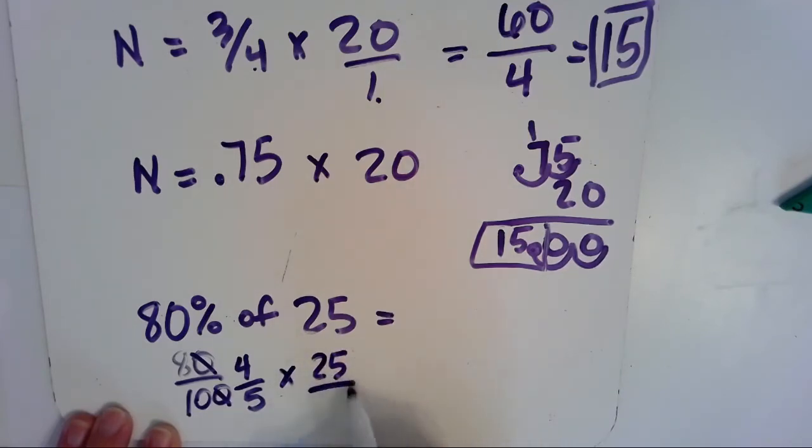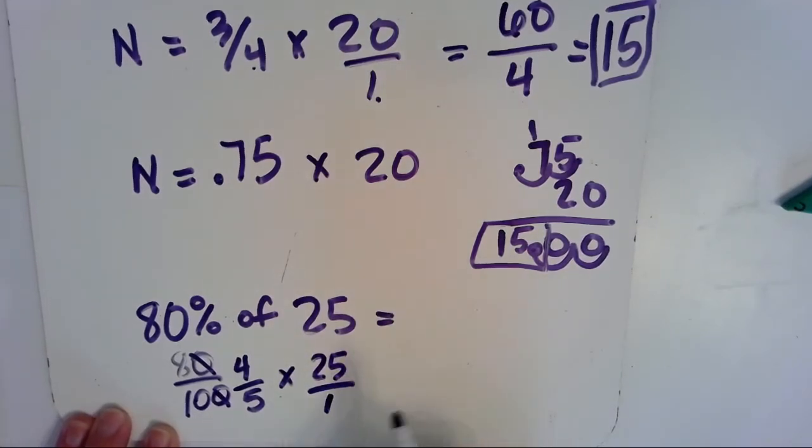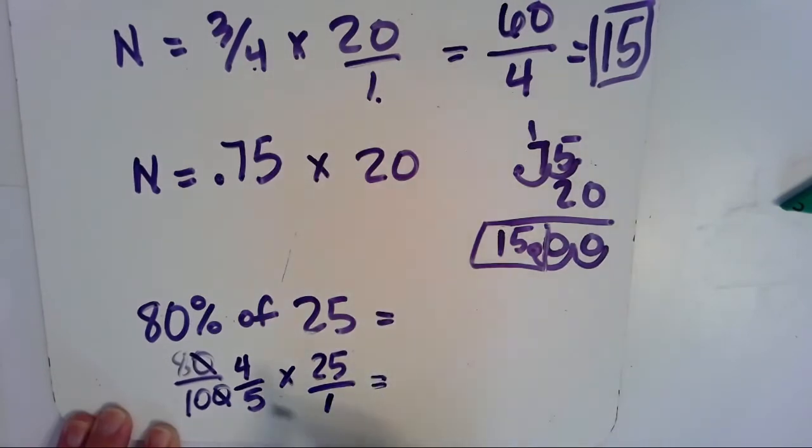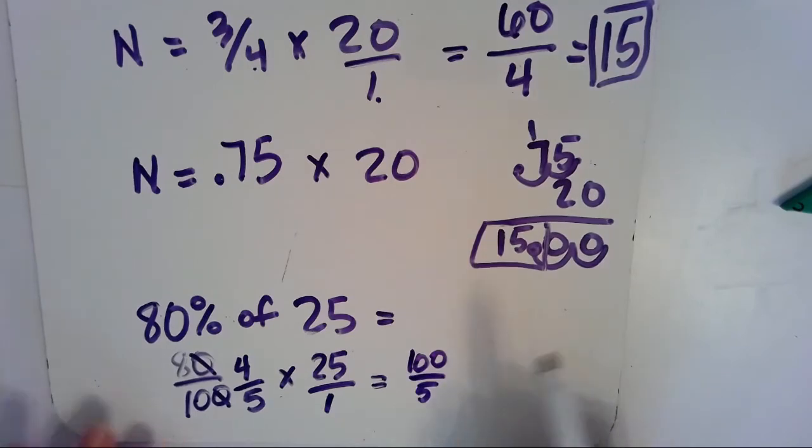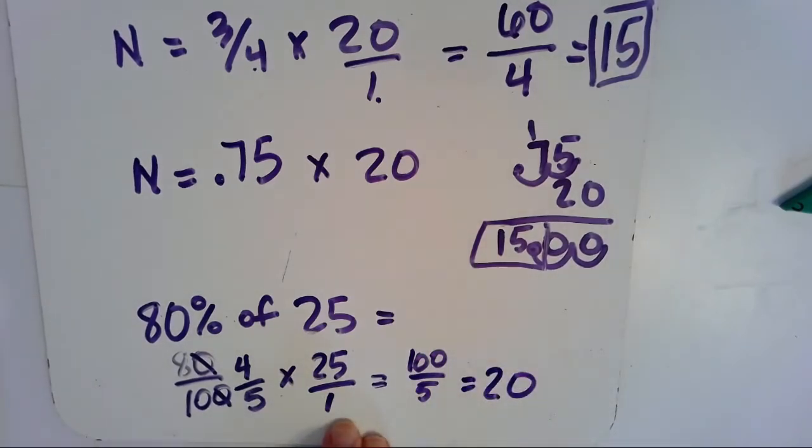I'm going to put that over a 1 because I'm dealing with fractions. 4 times 25 is 100 over 5. 100 divided by 5 equals 20. So if we go back to what our original question was, how many did Jamal get right? He got 80% correct, so 20 problems were correct.